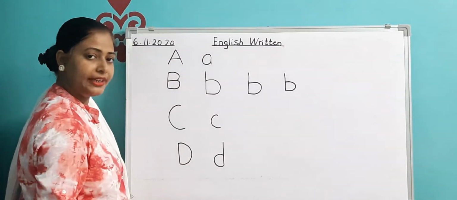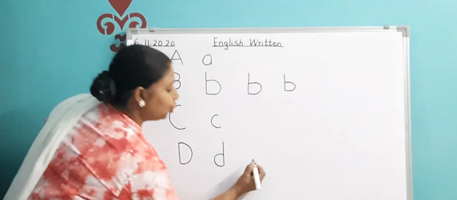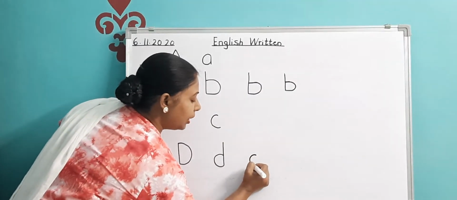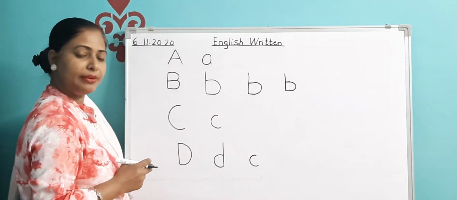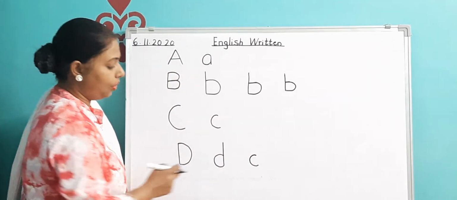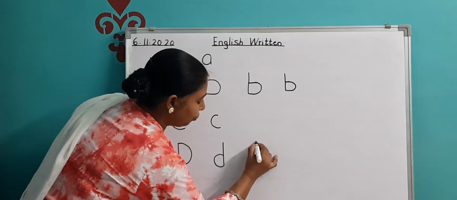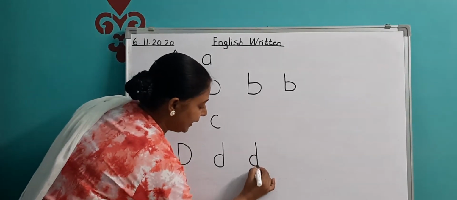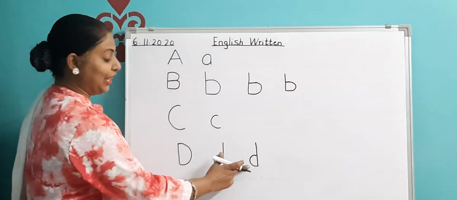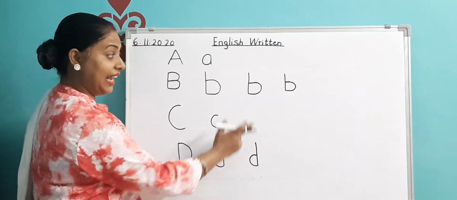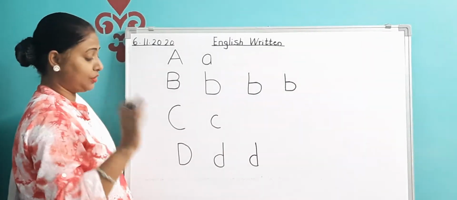And for D, before D comes C. So first make a semicircle like this, or C you can say. And then if you draw a standing line like this, it will become D. This is D and this is B. Don't get confused between small b and small d.